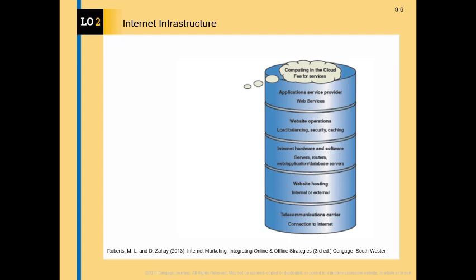Then you have website hosting companies. You have, then, at the business level, you have internet hardware and software, which is the computer equipment, the routers, and the servers that you have in your company that support all these companies' online infrastructure.